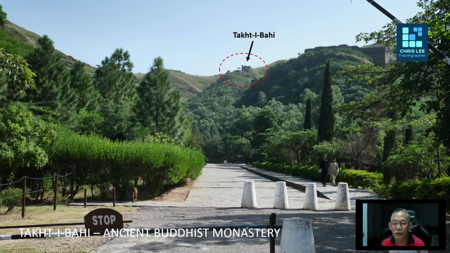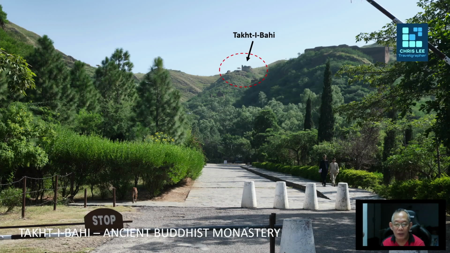Now the site is considered among the most important sites with a lot of relics of Buddhism in all of what we once named Gandhara, and has been exceptionally well preserved.